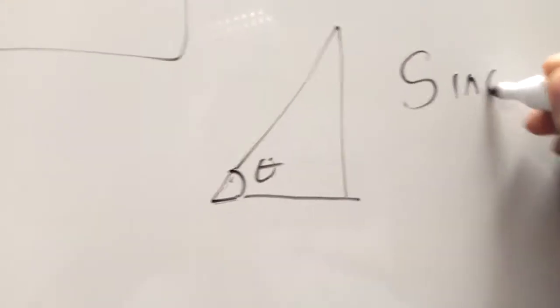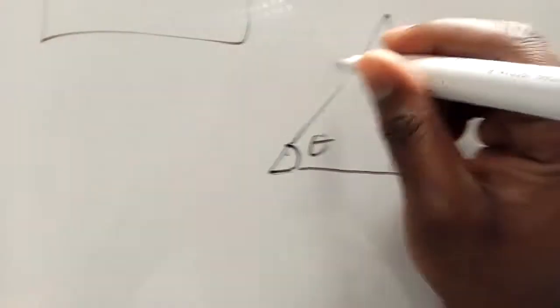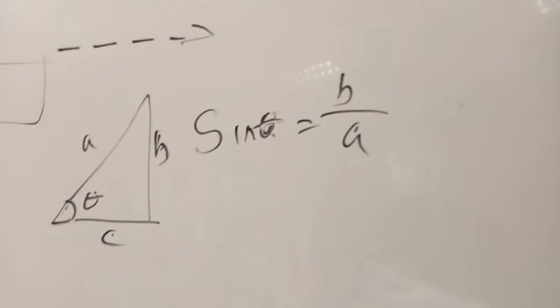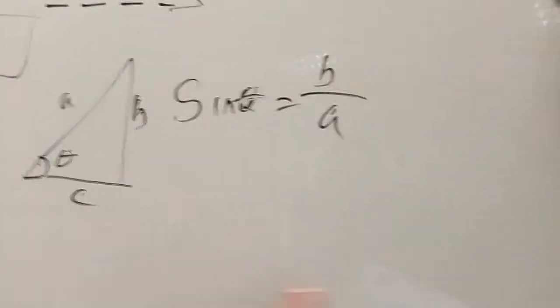Sine theta is equal to the opposite divided by the hypotenuse. B is the opposite of the triangle and the base is the adjacent. But that's not the point.